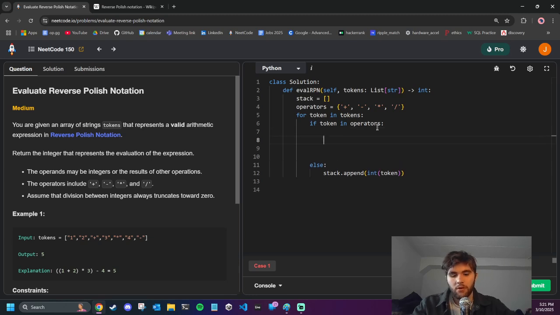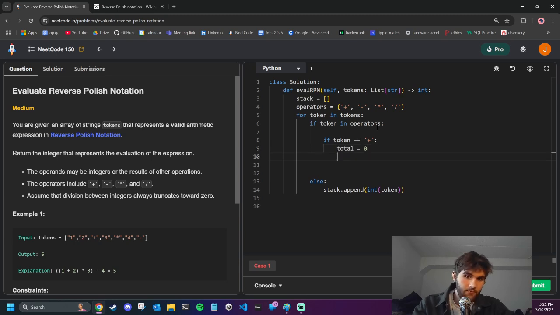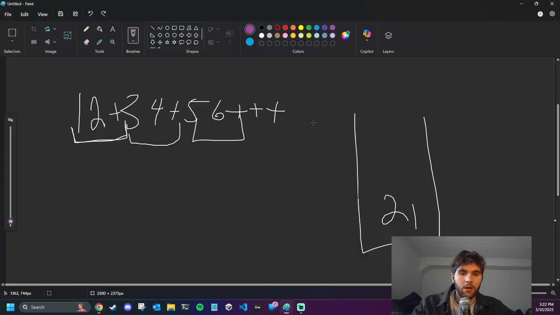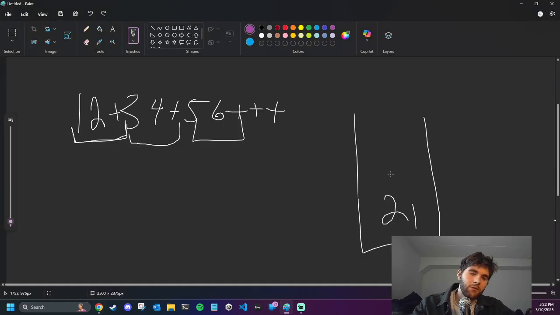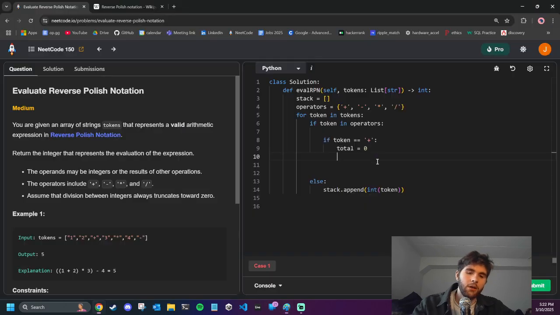So let's just say for now, if token is plus, then we'll have total is 0. And then we will pop 2 things off the stack. Well, I guess we never have to add the operator to the stack. We never really have to add the plus. I don't think we need it.